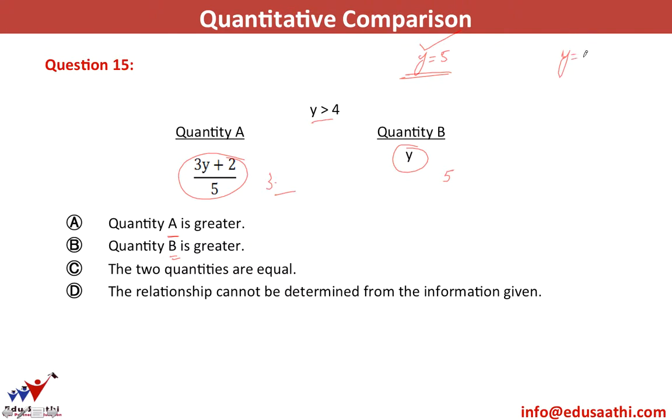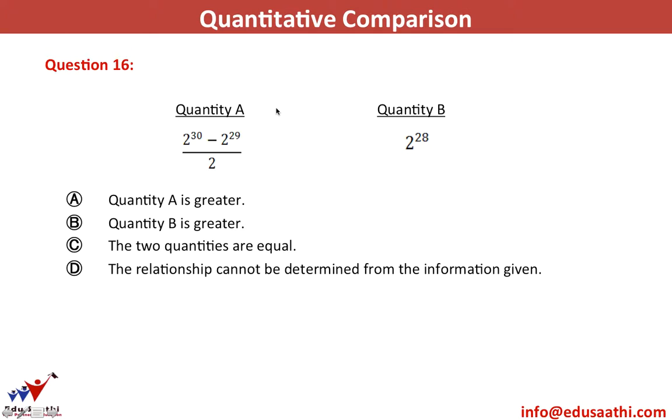So if I take the value of y as 10, 30 plus 2, 32 by 5, it is 6 point something, which is less than that. My answer will be option number 2, or option number B, quantity B is turning out to be greater. Even if you take the value as 4.1 or anything, quantity B is coming out to be always greater than quantity A. Let's look at question number 16.